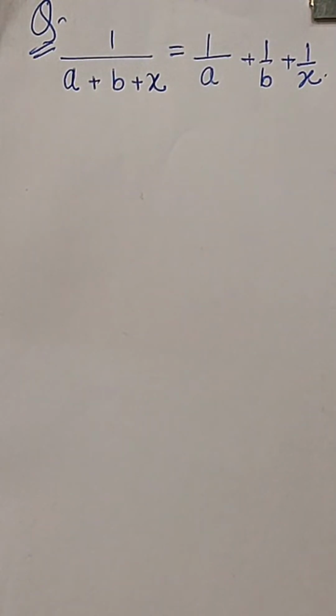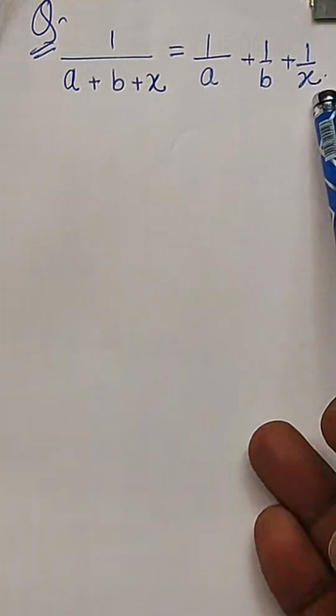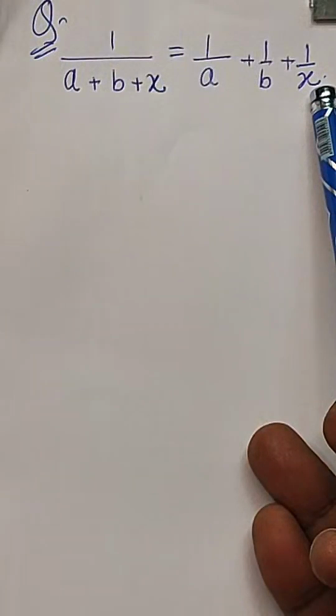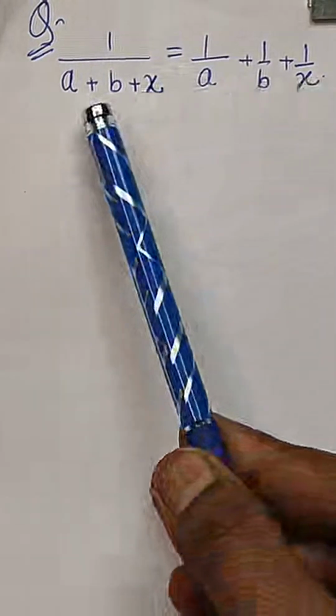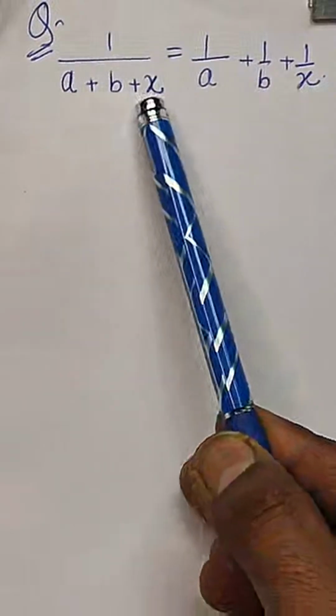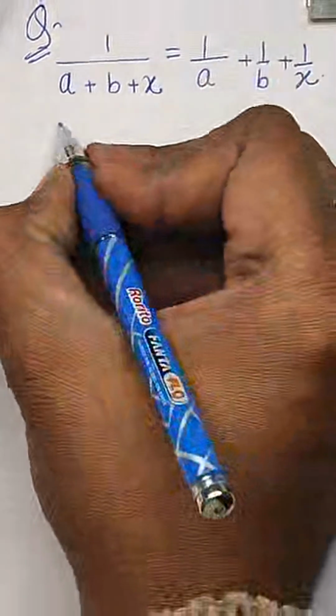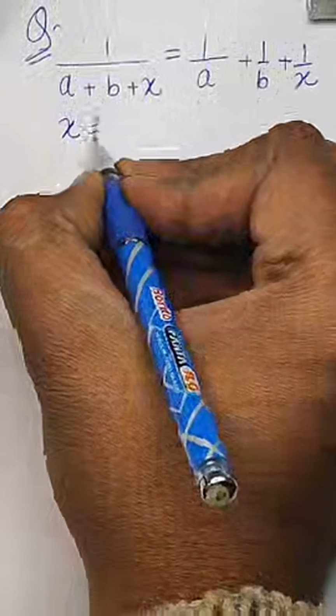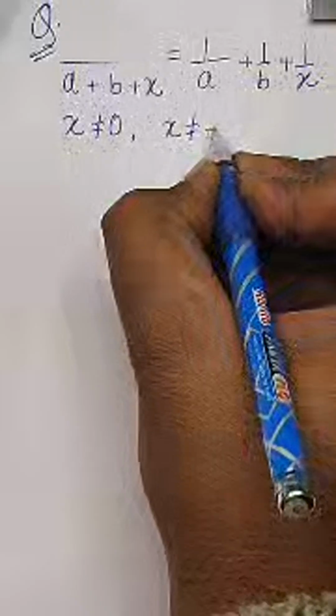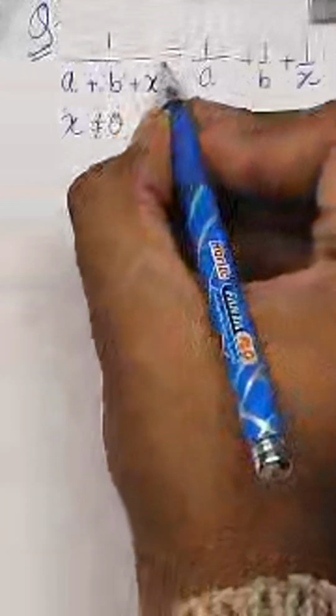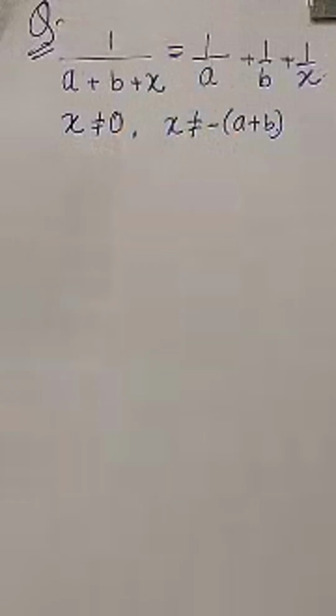The condition given is that x is not equal to 0 and x is not equal to minus times a plus b, so that it will be cancelled out, right?